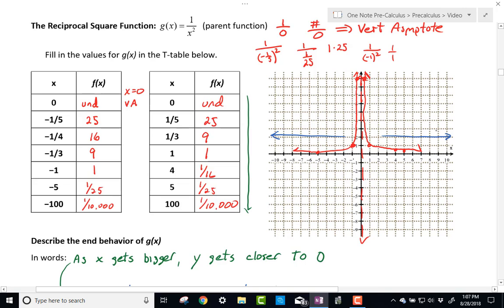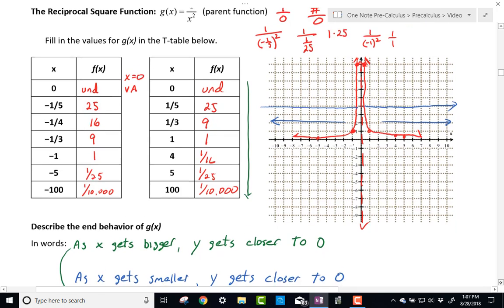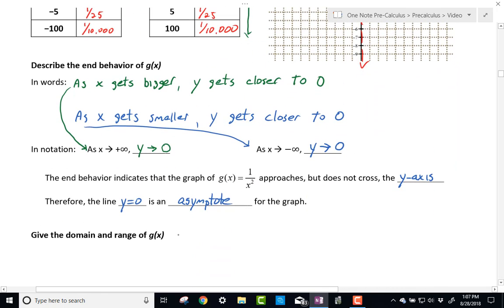But as I come across the graph this direction from negative infinity, I get to this asymptote and I literally have to jump to the other side and then continue towards positive infinity. So I am never going to touch the value of x equals 0. So my domain is x in the set of reals such that, or where, x is not equal to 0.